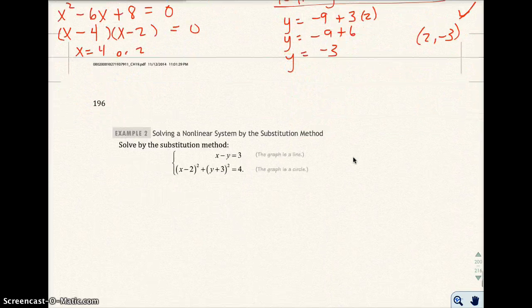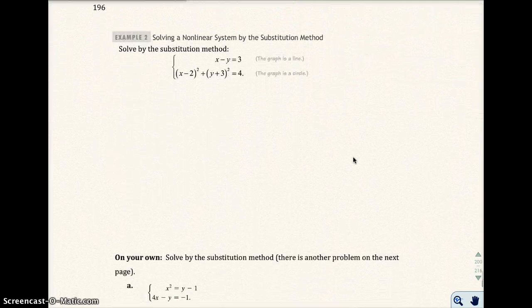Let's do another one. We're going to solve this system by the substitution method. Again, there are 2 variables that are easily isolatable, and I'm going to isolate this x because the leading coefficient is 1. That gives me x equals y plus 3, adding y to both sides.